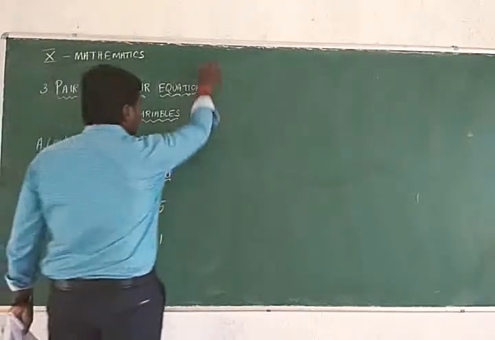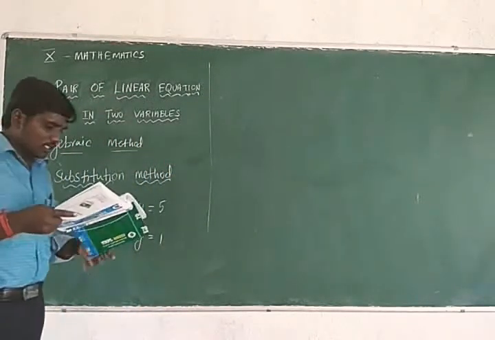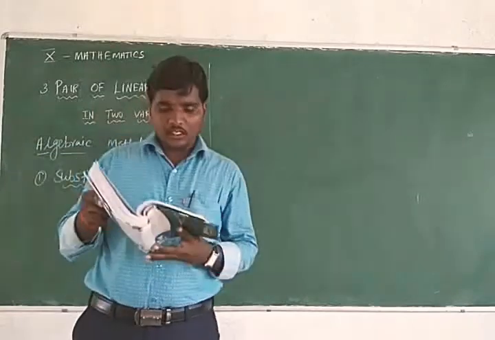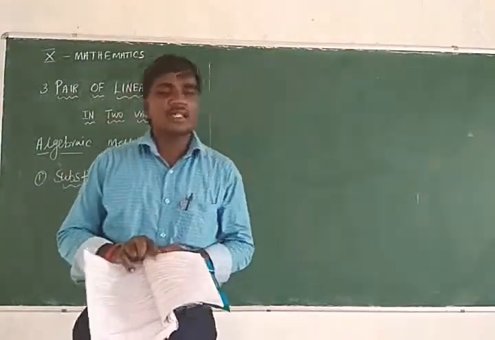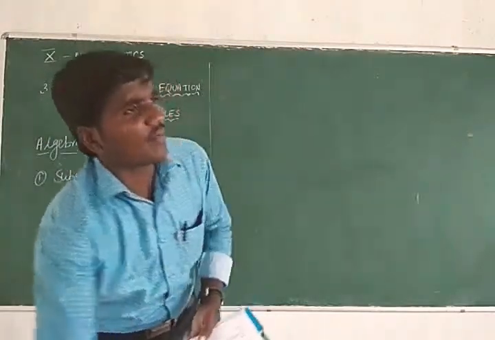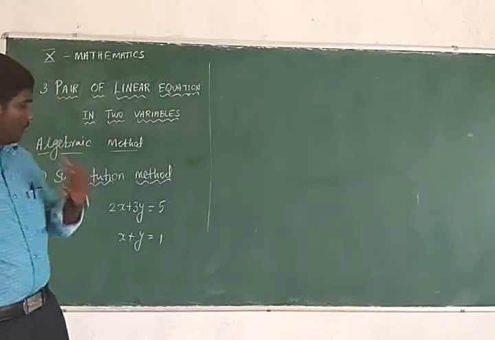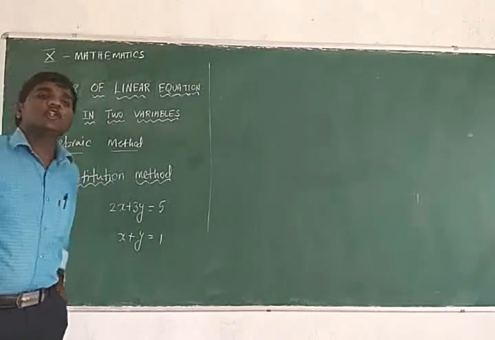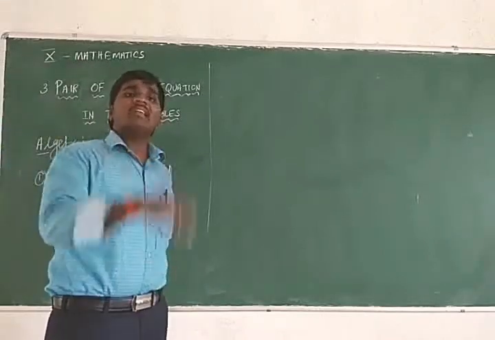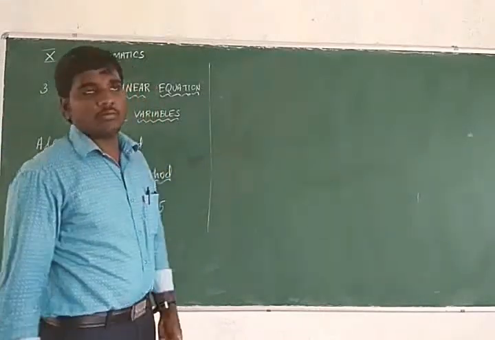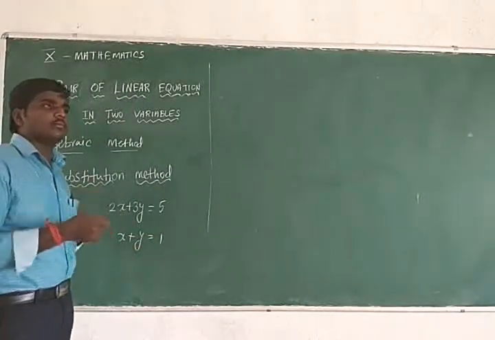What is the substitution method? How will we use this method? The first step: we pick either of the equations and write one variable in terms of the other variable. Out of these two, I choose one.